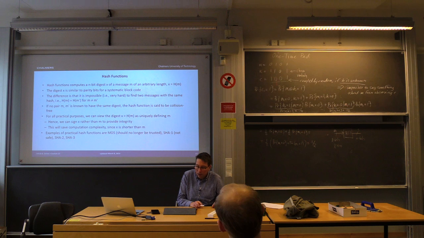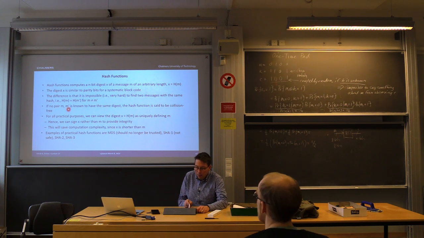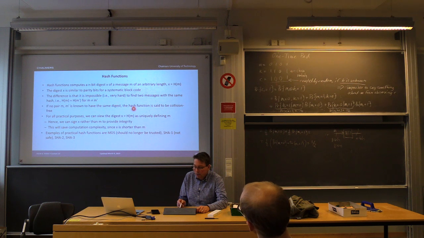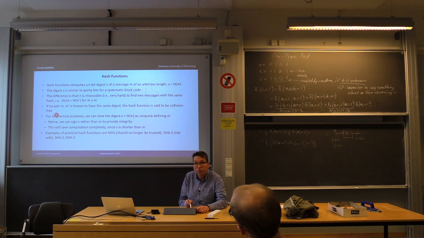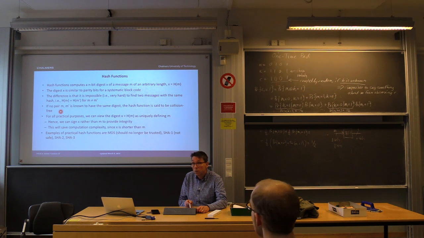If we say that no pair m and m prime is known to have the same digest, we say that the hash function is collision free. It just means that we have not been able to find these. They do exist, it's just that we haven't found them yet.